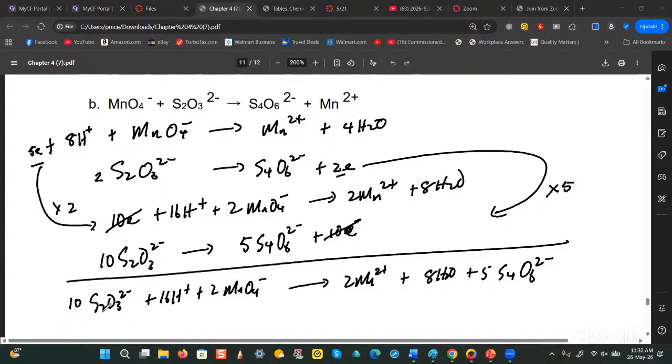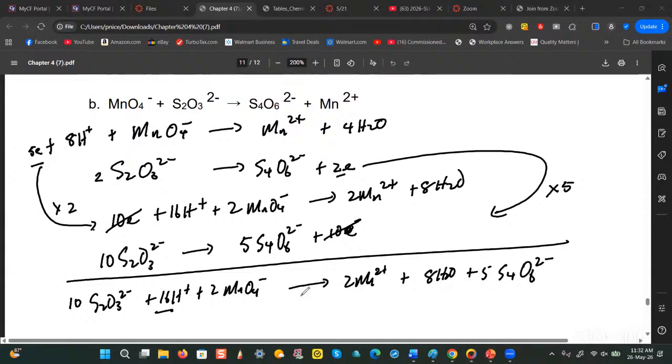Starting with the sulfur, we have 2 times 10 sulfur here, that's 20, and that balances with the 20 on the other side. We have 30 plus 8, so we have 38 oxygens on this side. Here we have 8 plus 5 times 6, 30, 30 plus 8, 38, so the oxygens are balanced. And then for the hydrogens, we have 16 hydrogens here, 8 times 2, 16 hydrogens, so that's balanced.